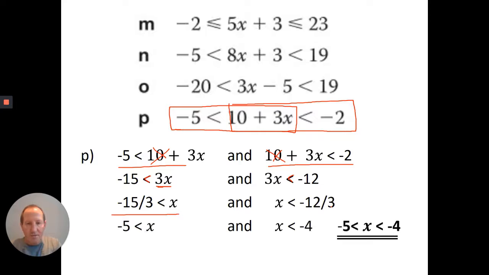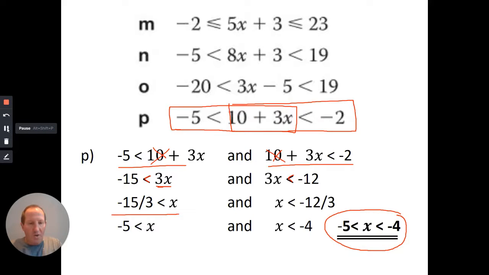Then that gives you x is greater than minus 5 and x is less than minus 4. And then you put it back together, you get a nice full sandwich solution there.